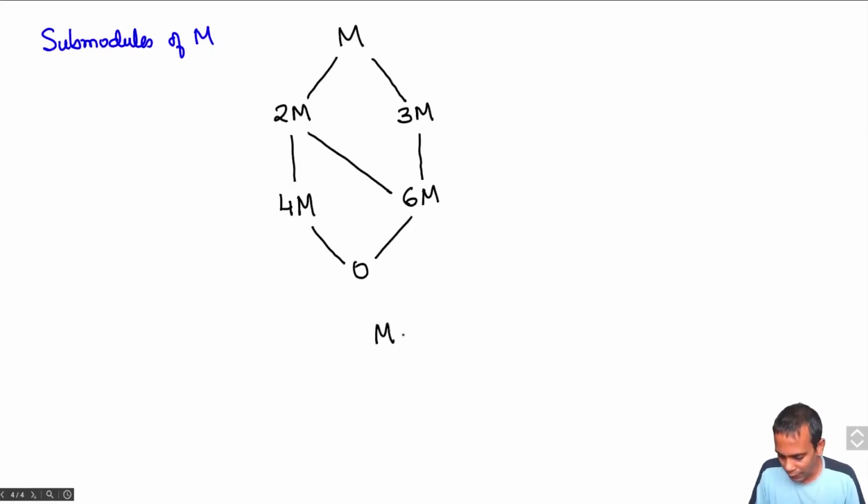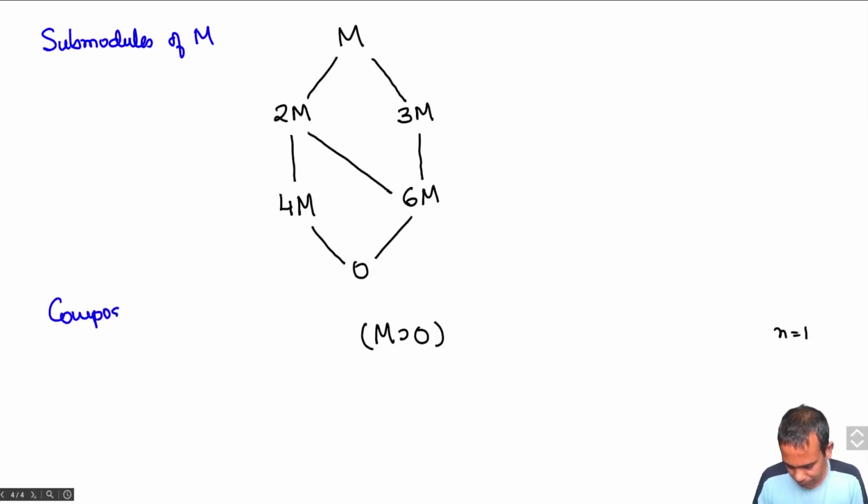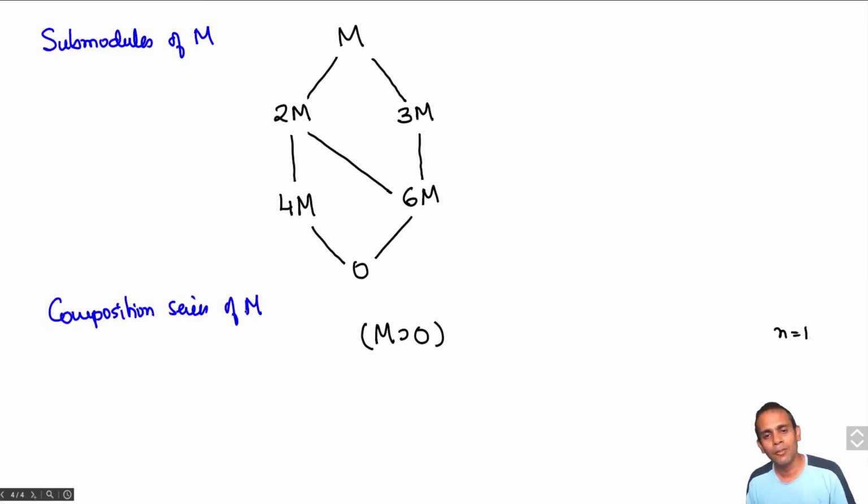You have M contains 0. So this is a composition series with n equals 1. Now I'm writing down the composition series of M, and every composition series will be a refinement of this smallest composition series.